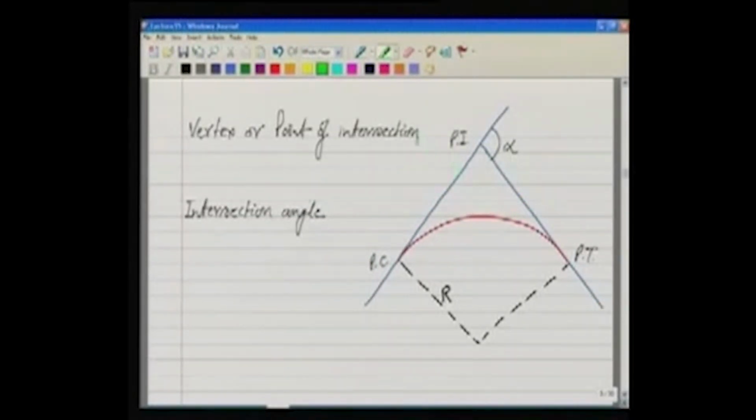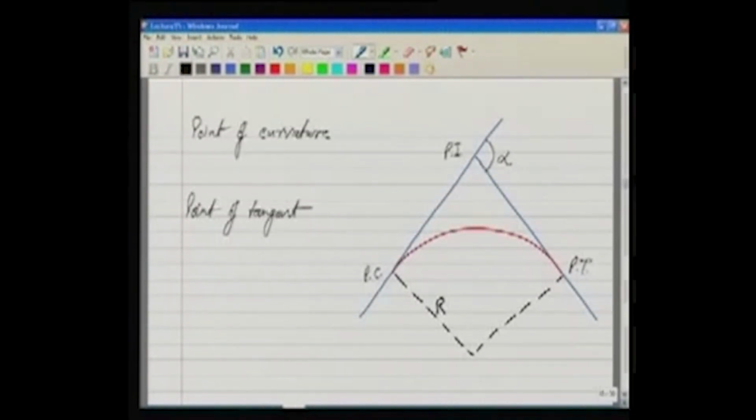The point where these two tangents intersect, as you can notice here, is the vertex. It is recorded as V also, or it is also called point of intersection. Then we define intersection angle. As you can see, this external angle here is called intersection angle. We will need this intersection angle later on when we set out the curve.